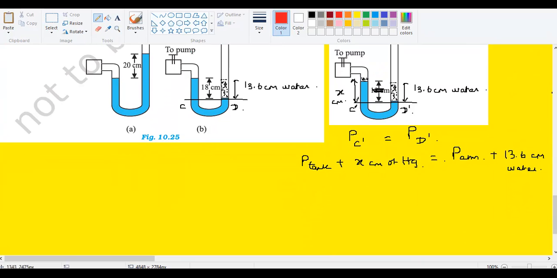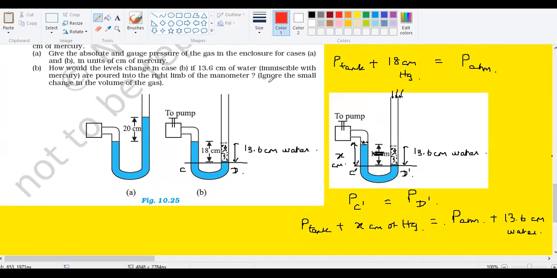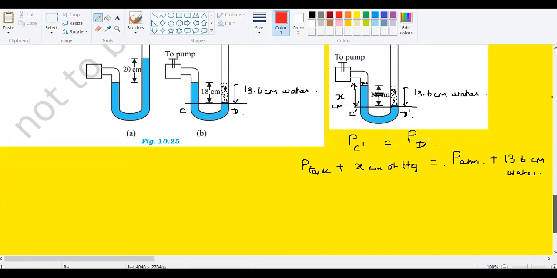Read the question. They said the pressure in the tank does not change. Ignore the small change in the volume of the gas, which means we are assuming that the pressure remains the same. So 58 centimeter of mercury, the pressure in the tank, plus X centimeter of mercury.